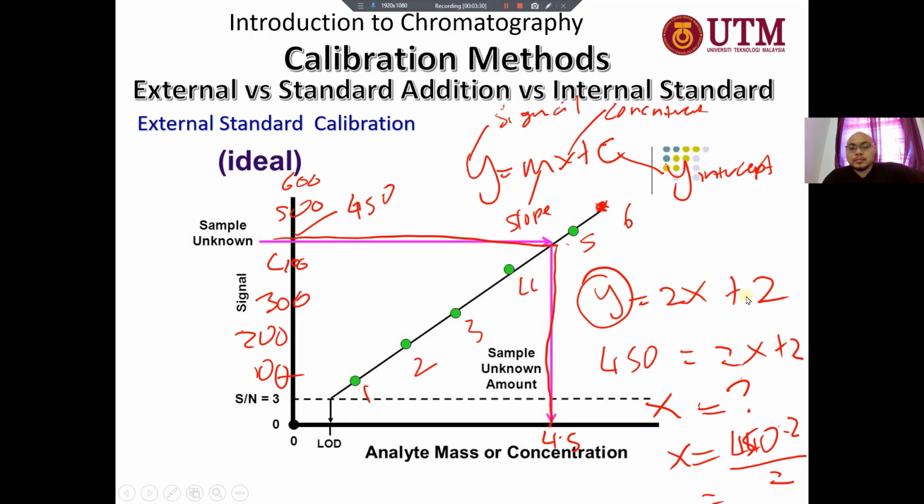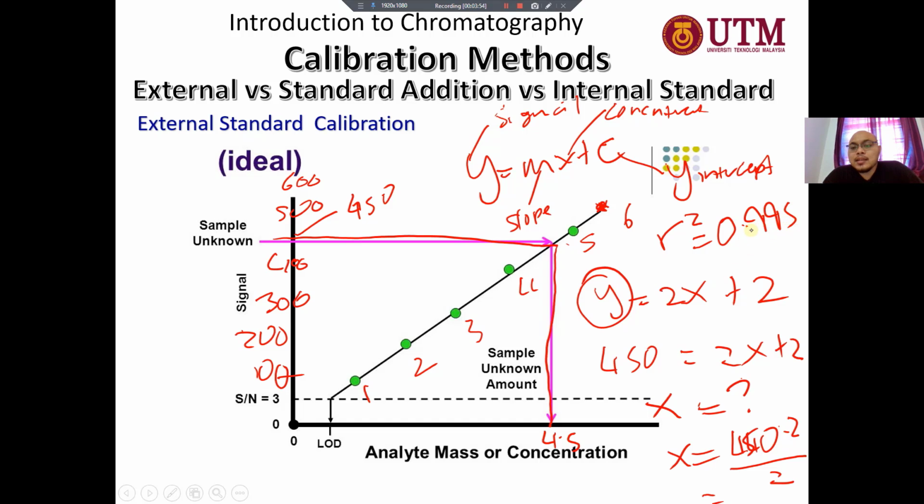Okay. The other thing that you need to pay attention to is that when you're doing the calibration curve, you will also get the R-squared value. The R-squared value you need to obtain is 0.995.